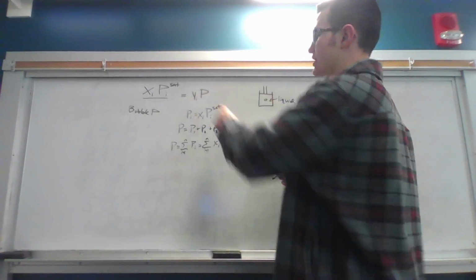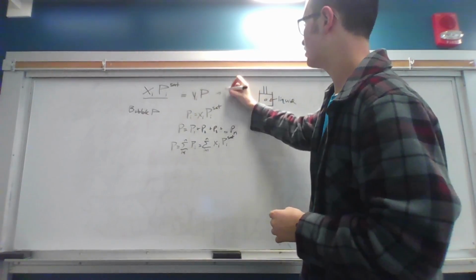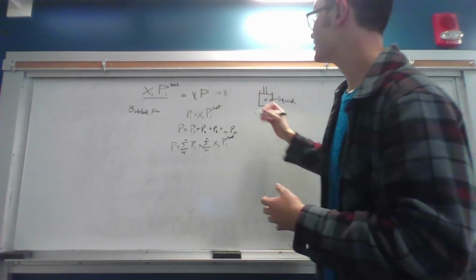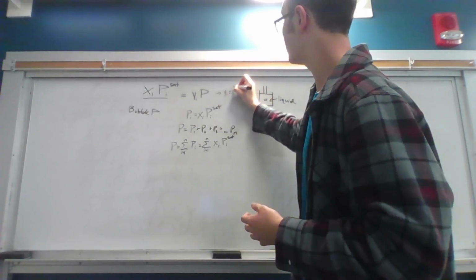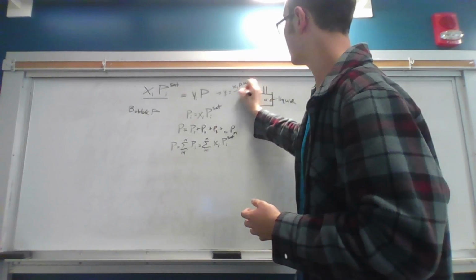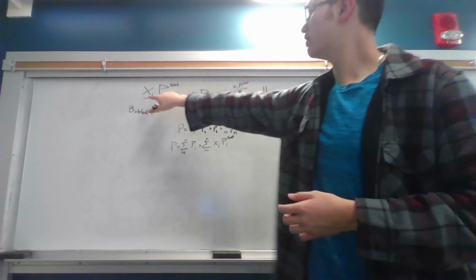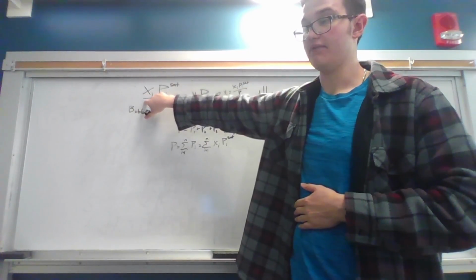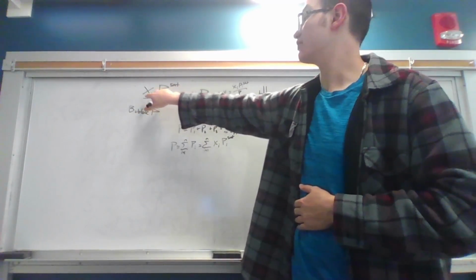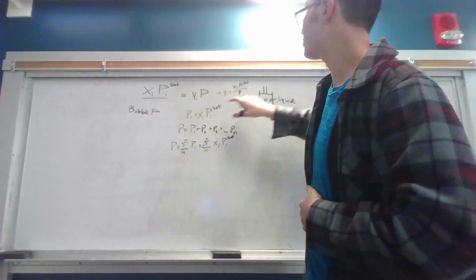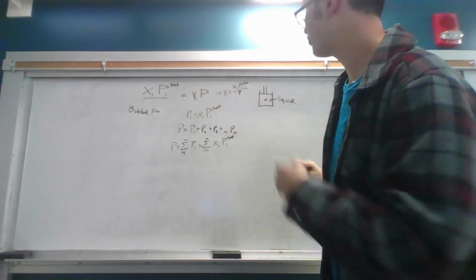What happens to yi here? Well, yi, which is of course the mole fraction of the vapor phase, is equal to the mole fraction in the liquid phase multiplied by the saturation vapor pressure, divided by the total pressure.